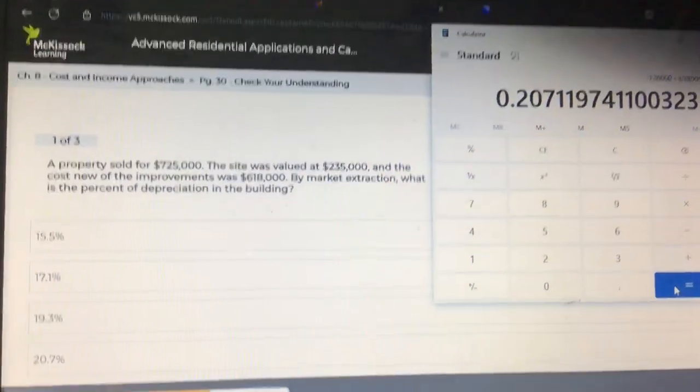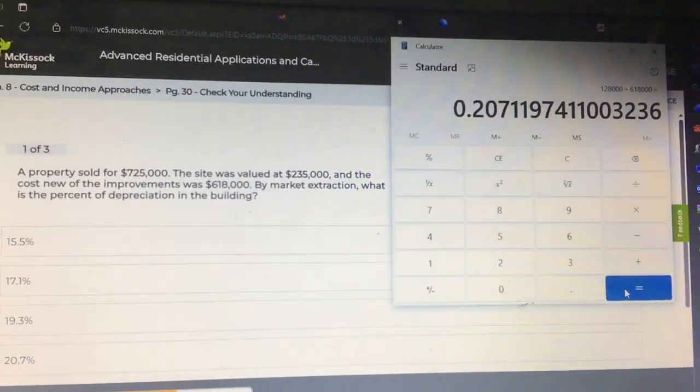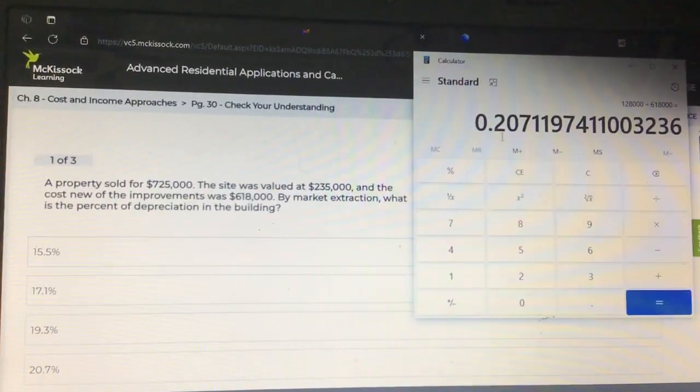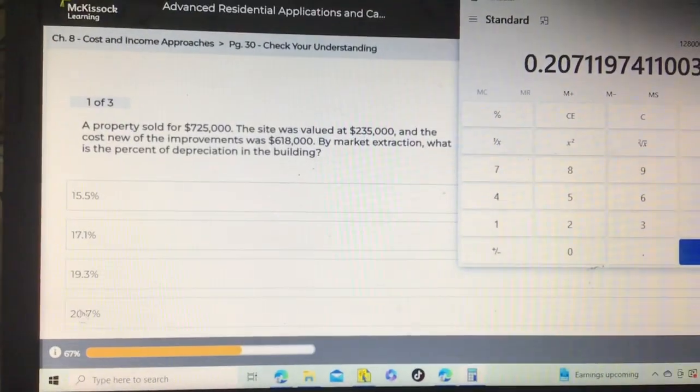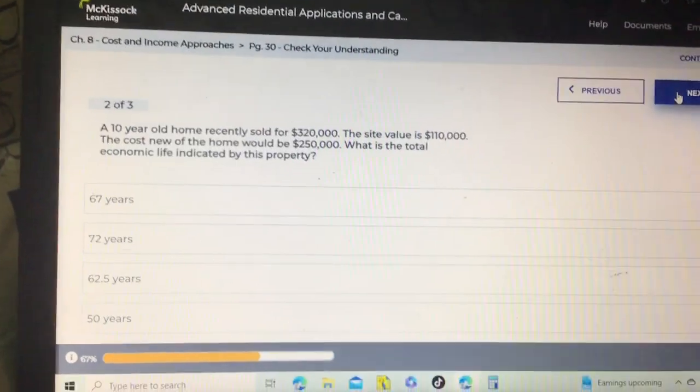Bingo. And that equals 0.207. Then you move the decimal place over 2 spots, which equals 20.7. Bam, brother.